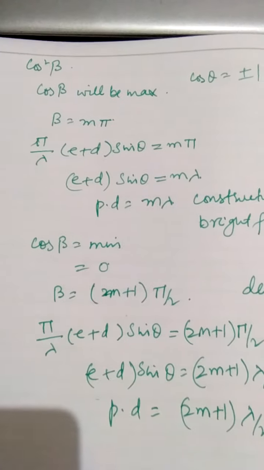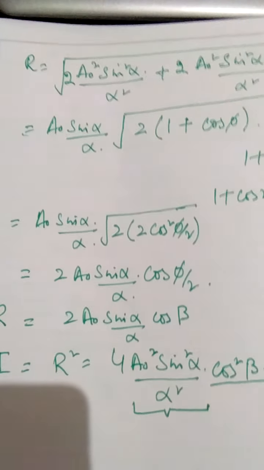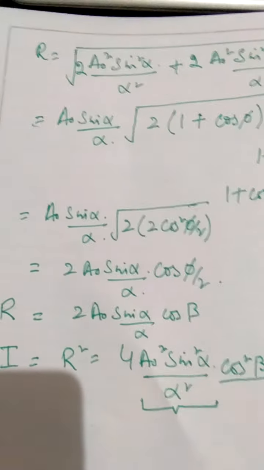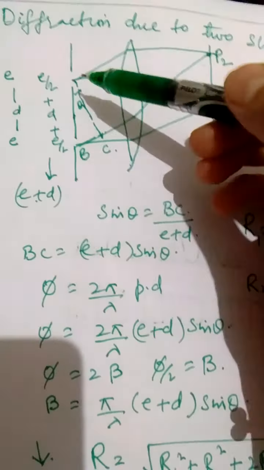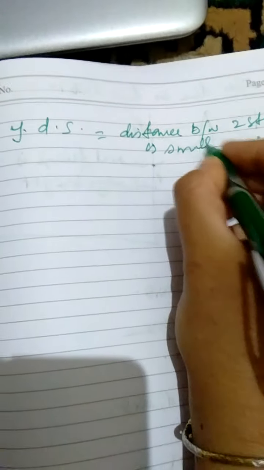Now if you recall this expression, these results are much like those of Young's double slit experiment, right? There also this was the condition for maxima and this was the condition for minima. Now what are the essential differences? In case of Young's double slit experiment, the distance between the two slits is small.